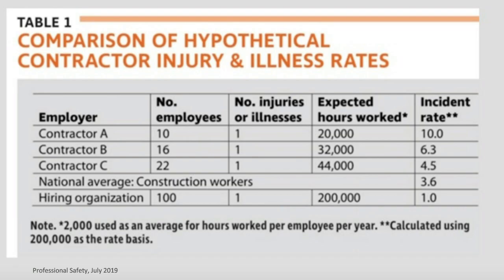In his July 2019 article, he gives a hypothetical example. Say the hiring organization has 100 employees and they have one injury or illness over the period of the year, they would have 200,000 hours worked, and they'd have an incident rate of 1.0, which obviously is very good.